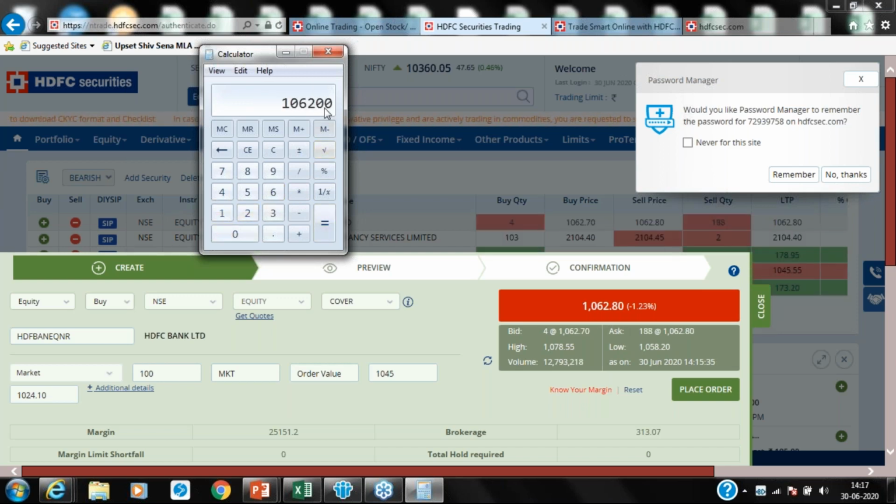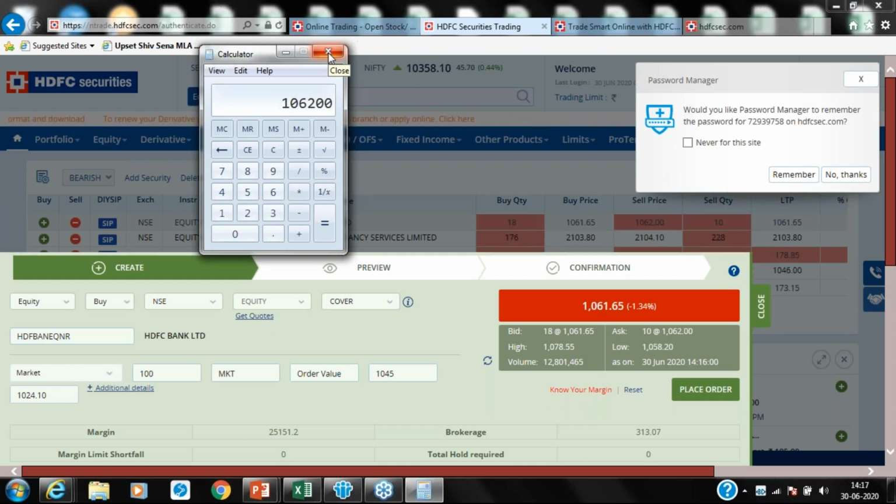You can see the margin requirement will be 1,06,200 rupees. But if we are buying it in a cover order, the benefit is that we are getting it in only 25,000 rupees. So this is the main benefit of using the cover order instead of the cash order facility, that the margin requirement becomes very less for us.